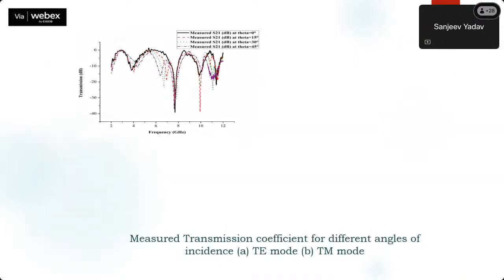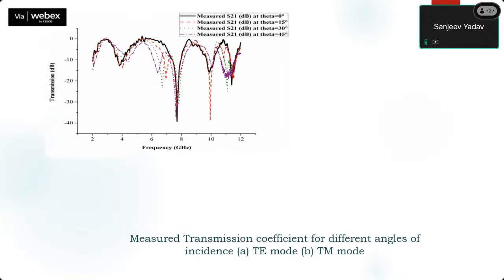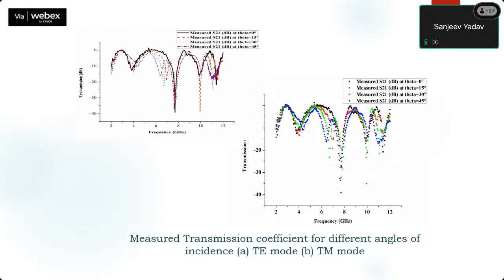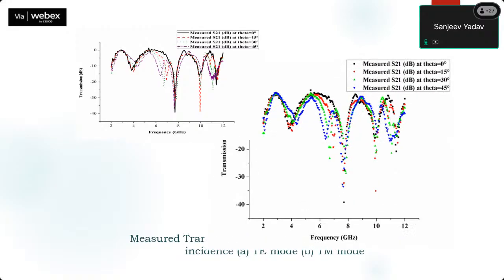Also, we have gone for the angle variation for the TE as well as for the TM mode. It is giving good angle variation up to 45 degrees.